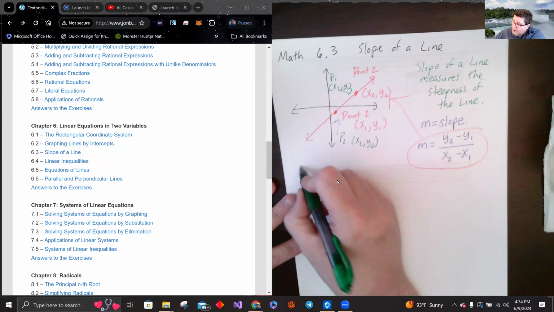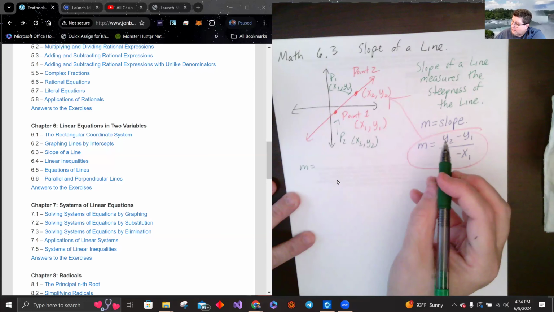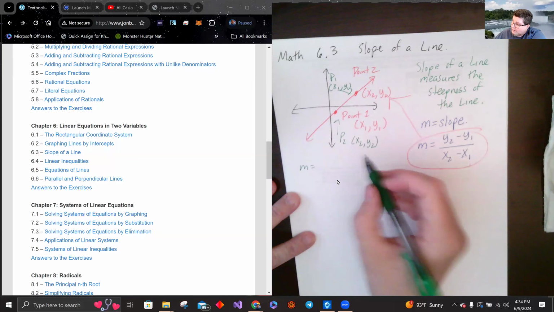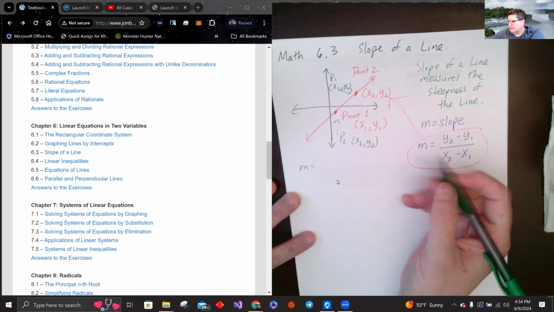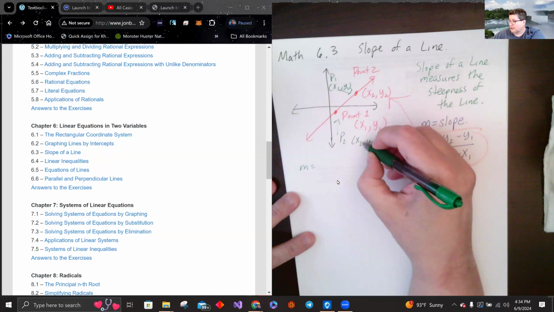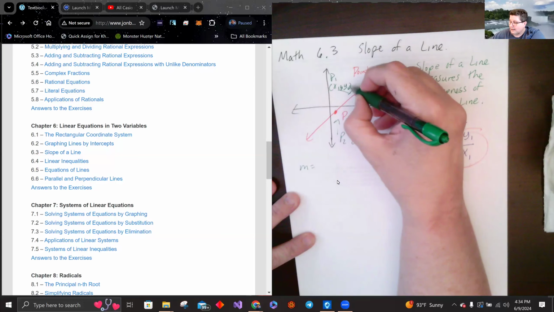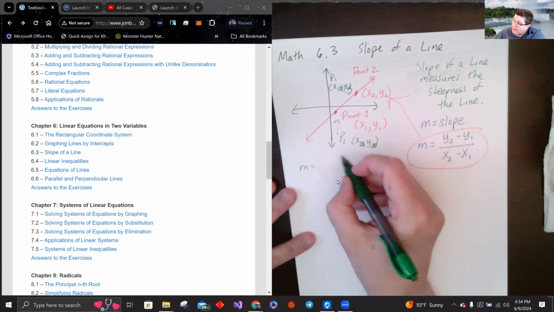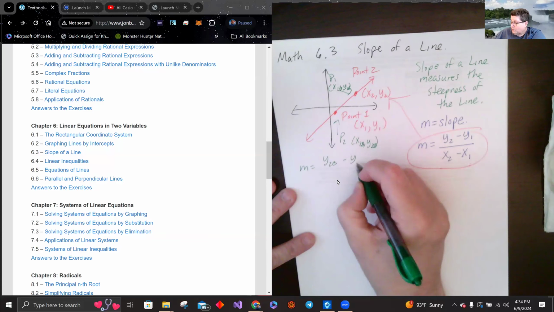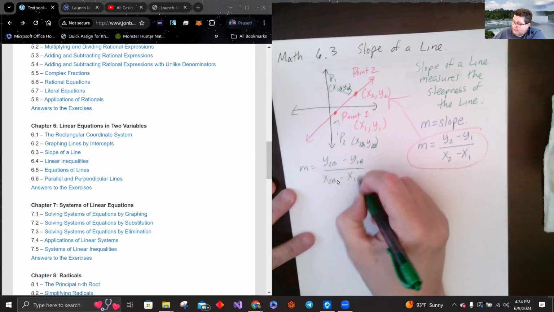If I do m equals, let me call this 2b and this will be 1a because I want you to see how they work out. So this will be y2b minus y1b over x2b minus x1b.